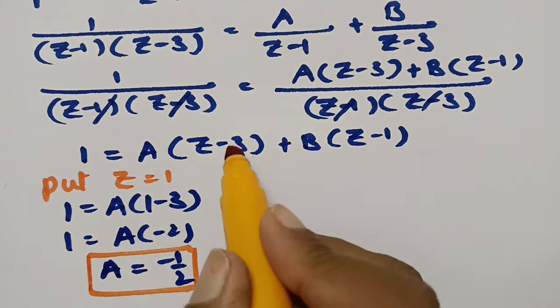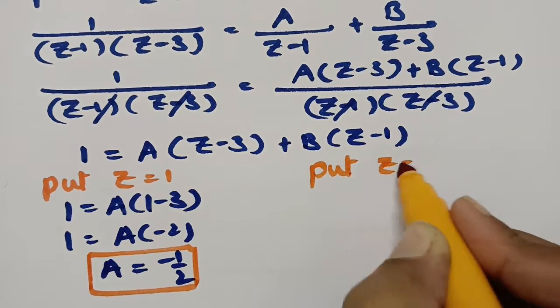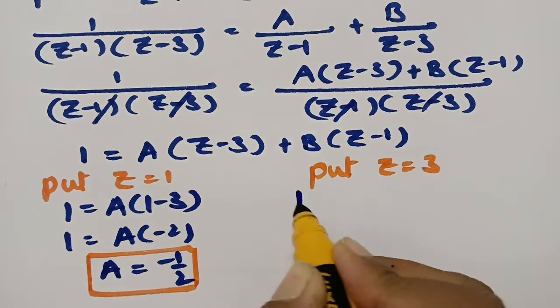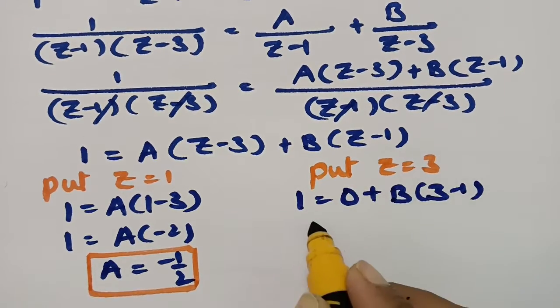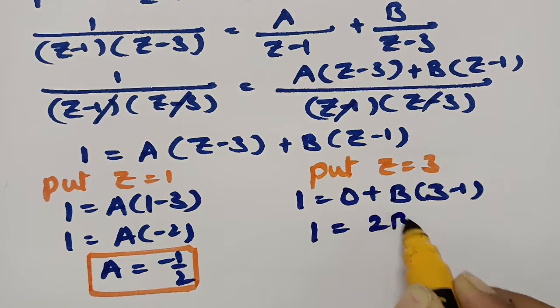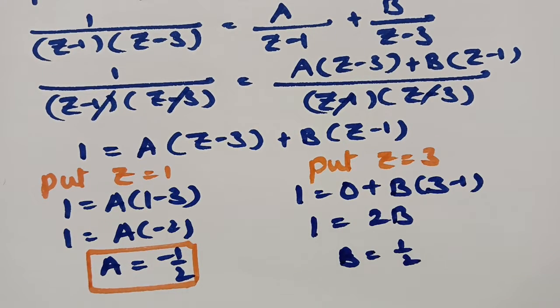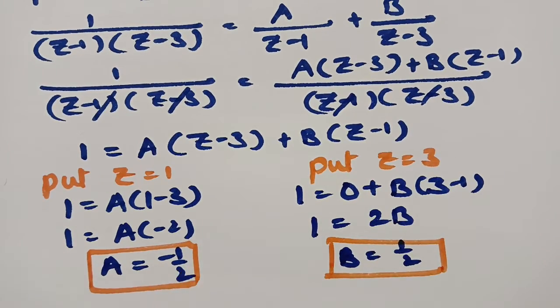Next, this is minus 3, so if I put z equal to plus 3, then 1 is equal to 0 plus b times 3 minus 1. 1 is equal to 2b, and the b value here is half. So we got b as plus half and a as minus half.